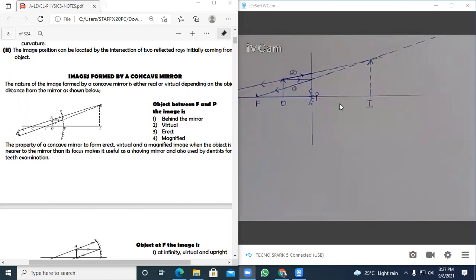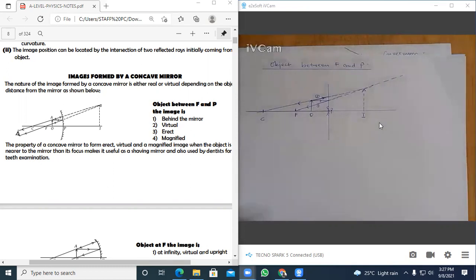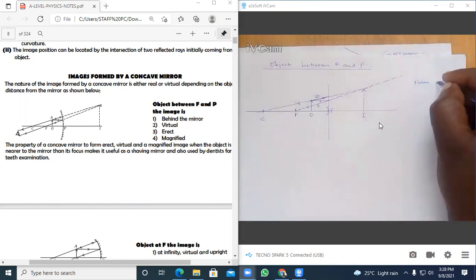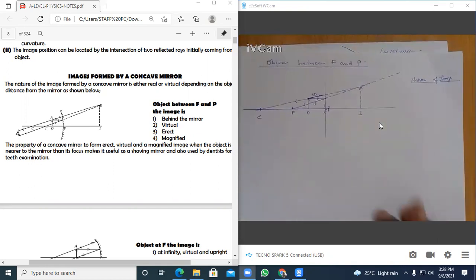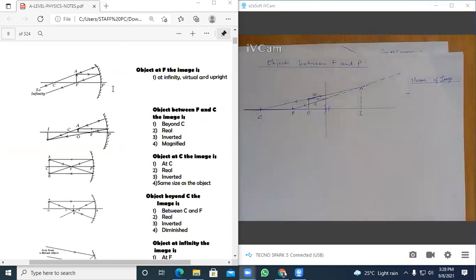So if you are told to write the nature of the image, without looking at my notes, what's the nature of the image?